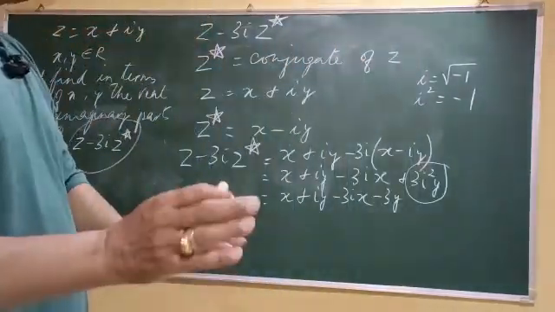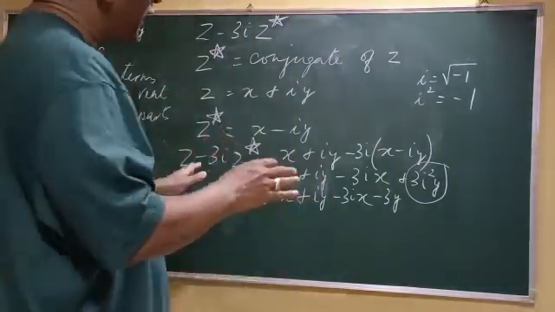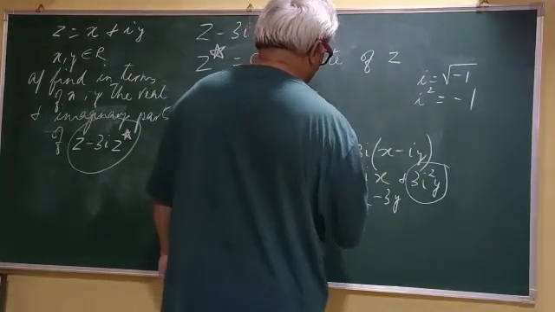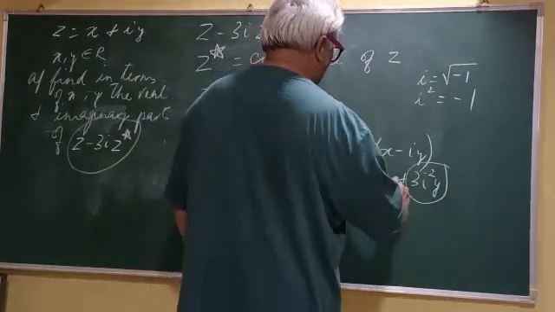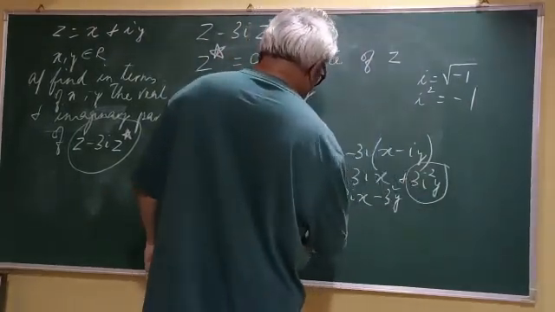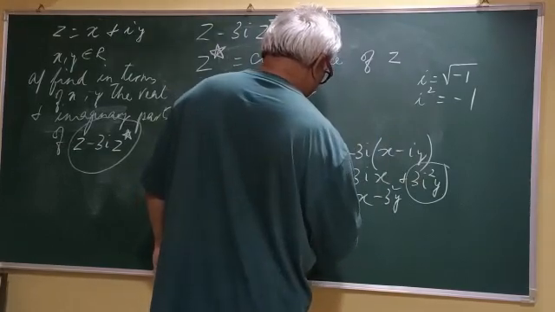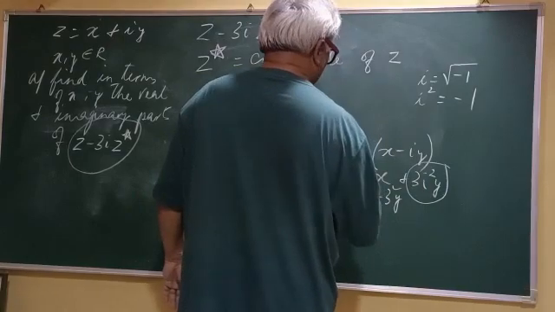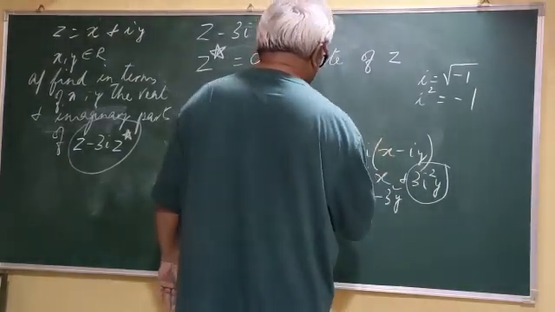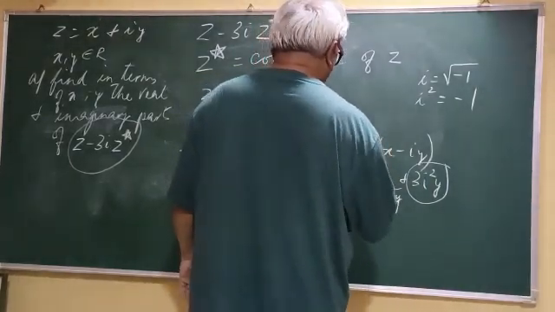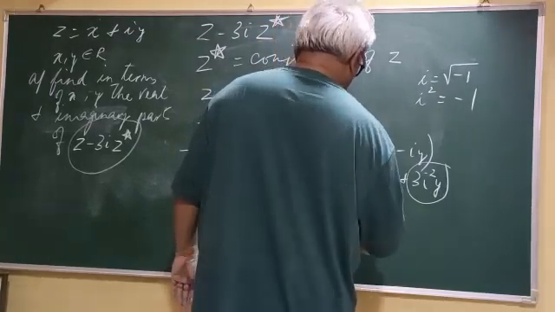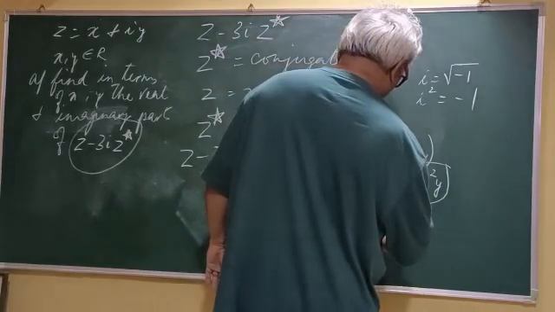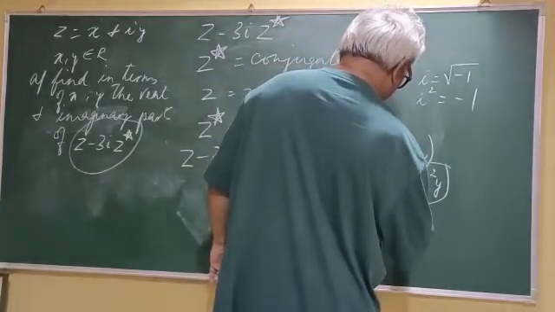Correct. So now we will combine the like terms. We first combine the real terms, so x minus 3y, and then the imaginary terms, which is iy and minus 3ix. So plus i into y minus 3x.